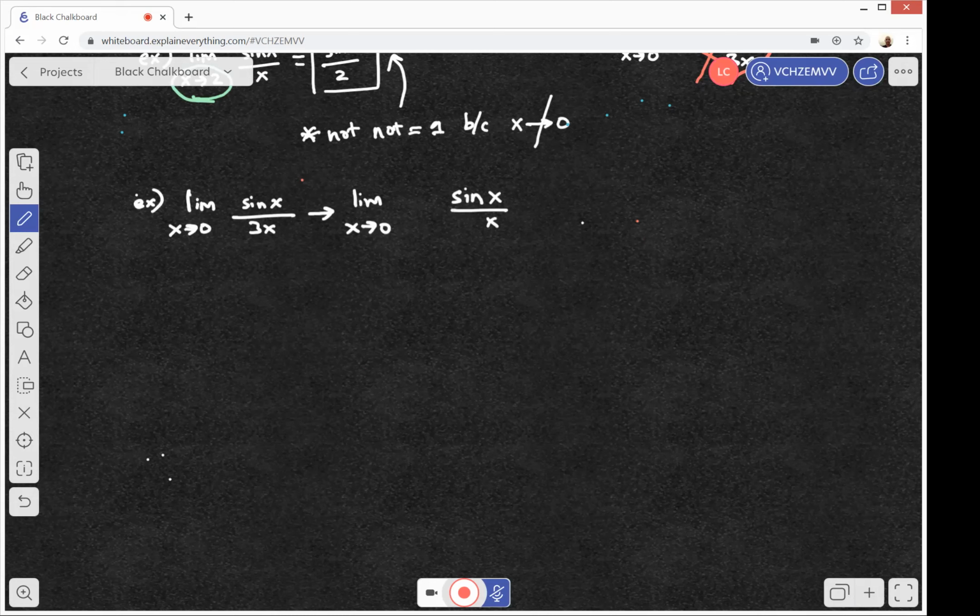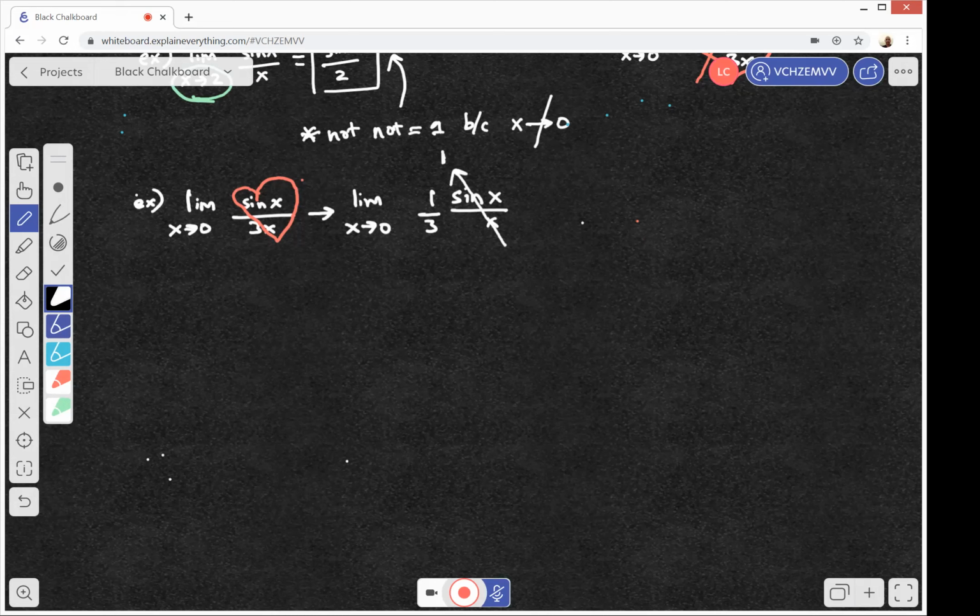That's the match, right? This part right here. But that 3 on the denominator, we are going to just move it to the side. And so this sine x over x, as x approaches 0, becomes 1. Then we multiply 1/3 times 1, and the result is 1/3. That's the answer.